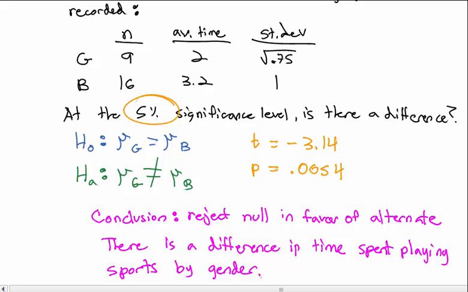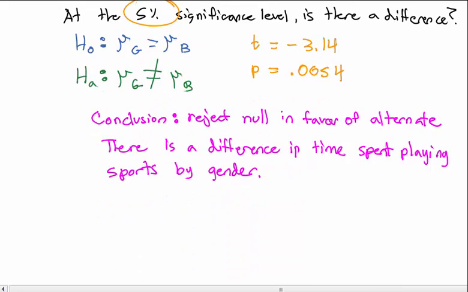Again, the process is very, very similar to if we had one mean that we were comparing. Here we're comparing two means, so we just run a different test, but the process is the same. Null hypothesis, alternate hypothesis, t-test, p-value, reject, or fail to reject.